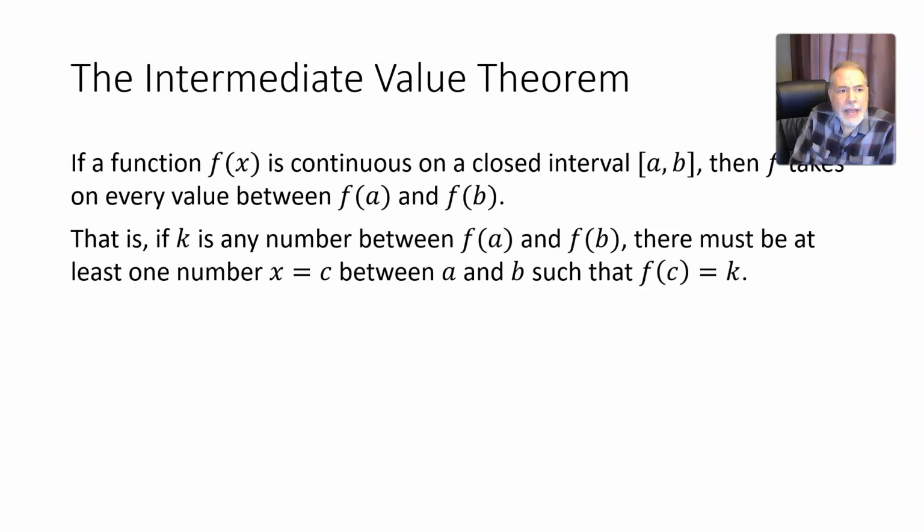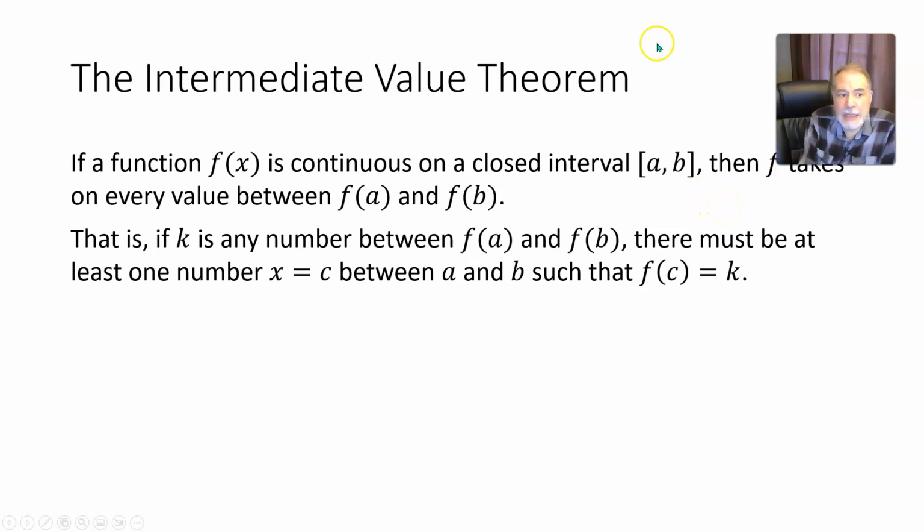So the intermediate value theorem says that if a function f of x is continuous on a closed interval from a to b, then f takes on every value between f of a and f of b. It takes on all of those intermediate values that are between what it takes on at a and what it takes on at b.